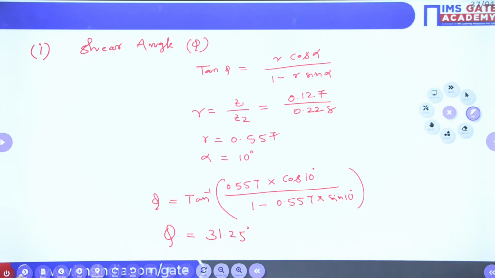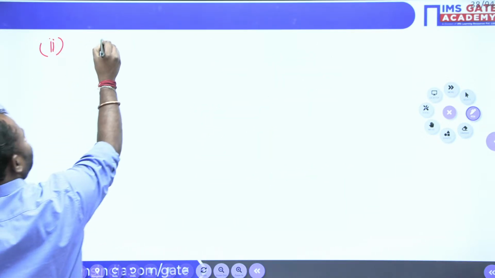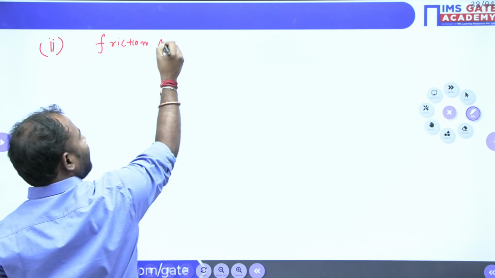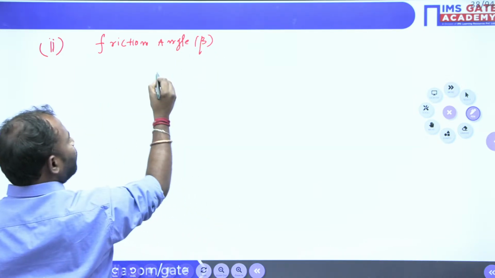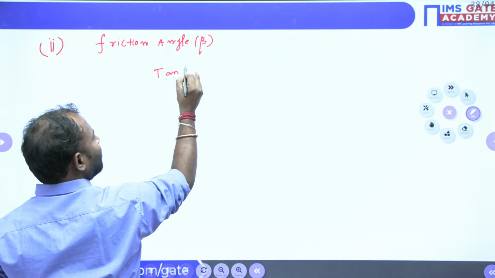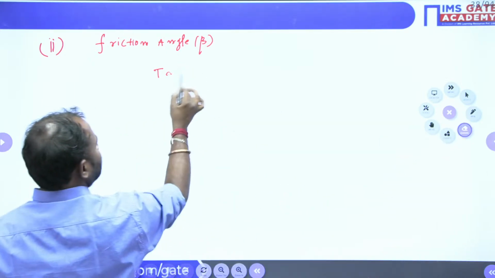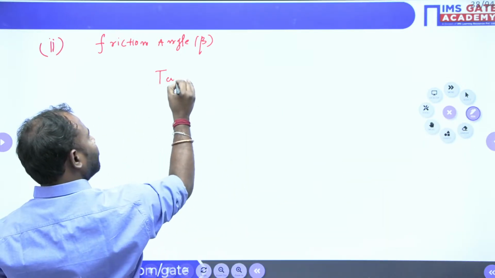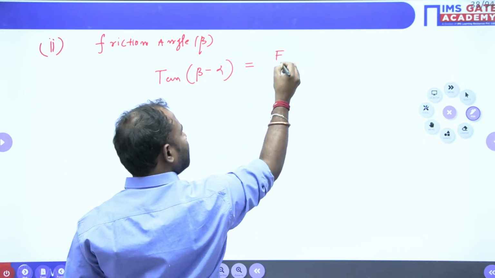Next is beta, the friction angle. We indicate friction angle with beta. From the Merchant circle we have the relation: tan of beta minus alpha is equal to Ft by Fc.